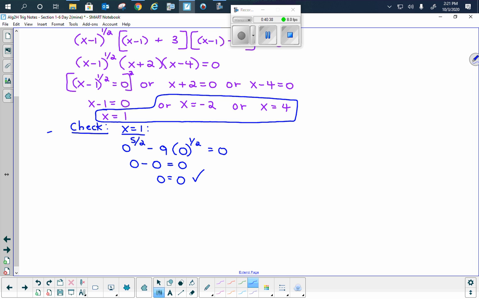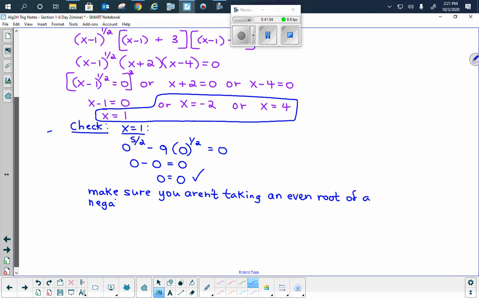And we will just make a note here to make sure you aren't taking an even root of a negative number if you can't have imaginary numbers as answers.